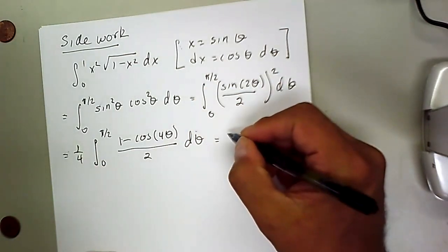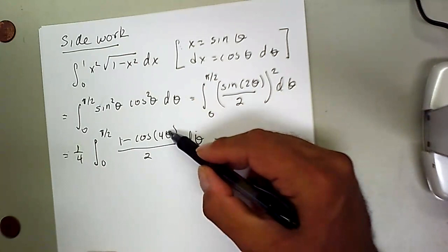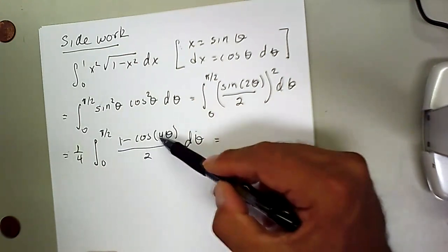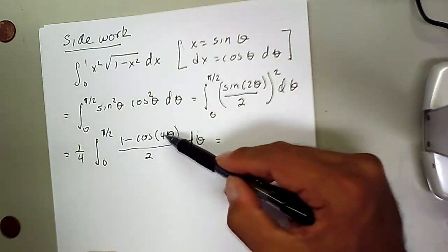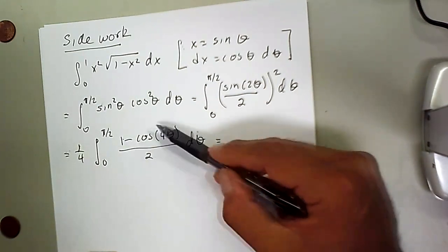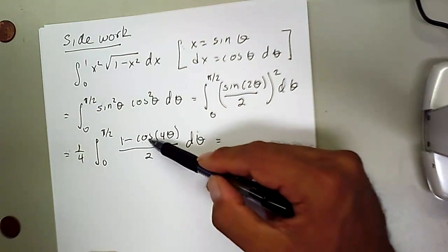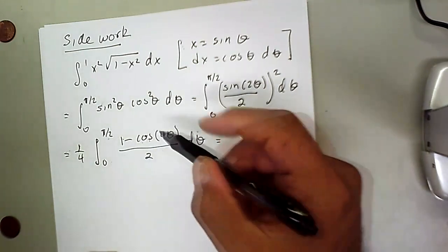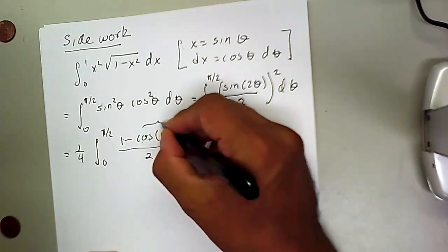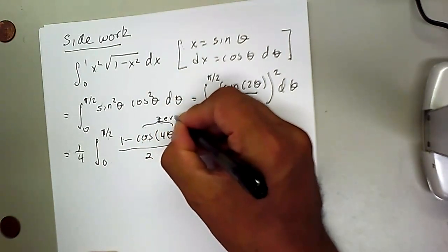Okay, so cosine of 4 theta: by the time we get to pi over 2, we're going to complete a whole cycle because pi over 2 times 4 is 2 pi, so we're going to end up integrating a whole cycle of cosine by the time we go from 0 to pi over 2. So that is going to give us 0 when we integrate.